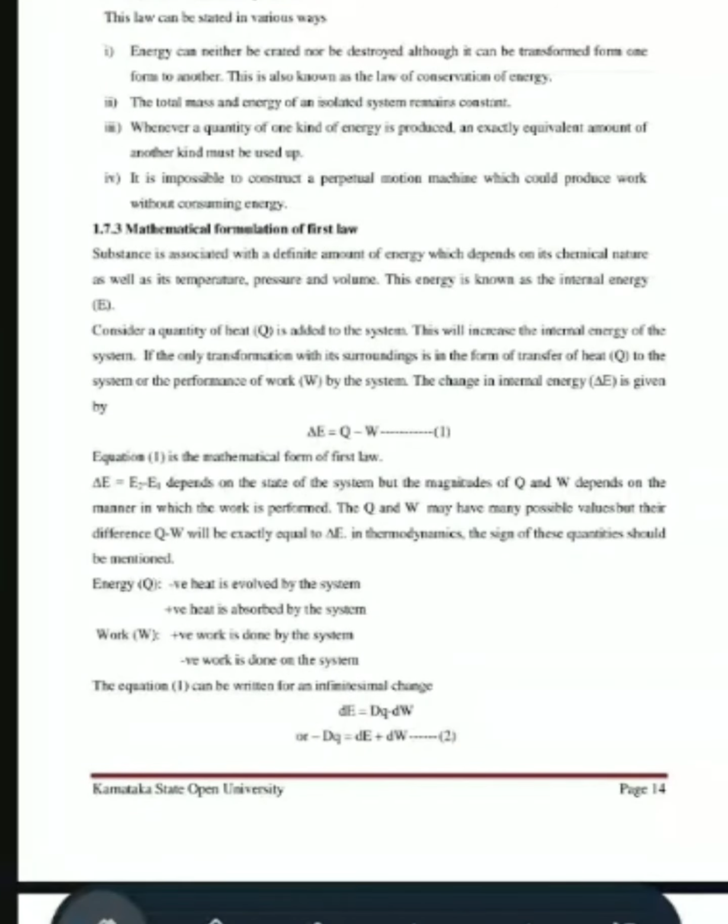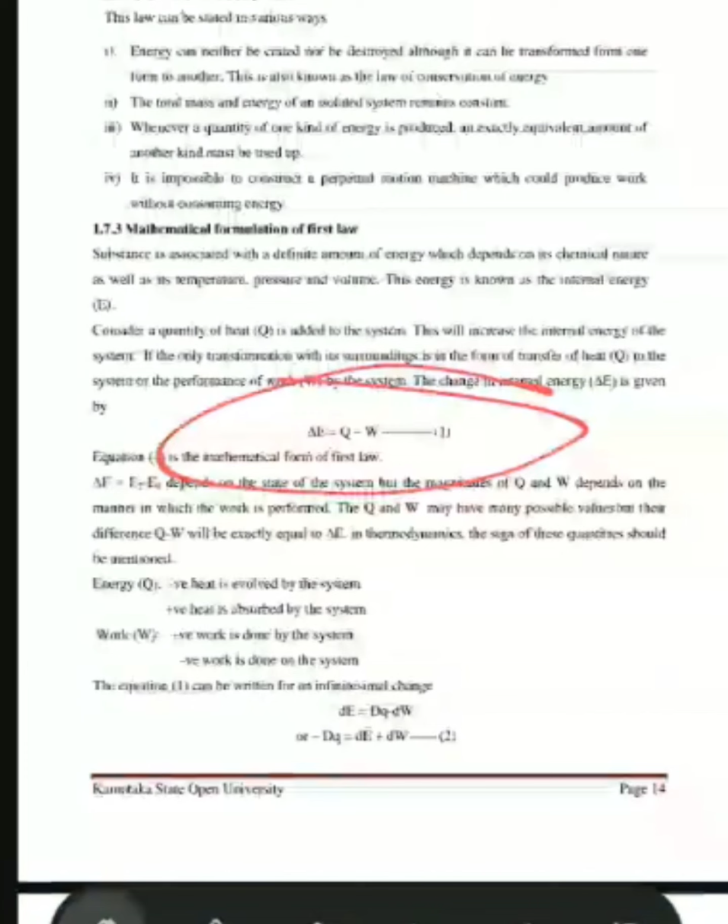Here delta E is equal to Q minus W. Delta E is the internal energy, E represents energy, Q represents the quantity of heat, and W represents the work done by the system. So these are the basic terms we should know.